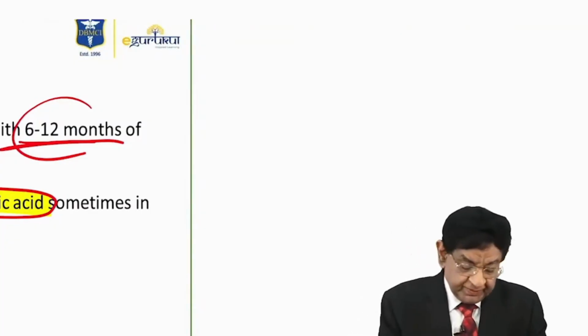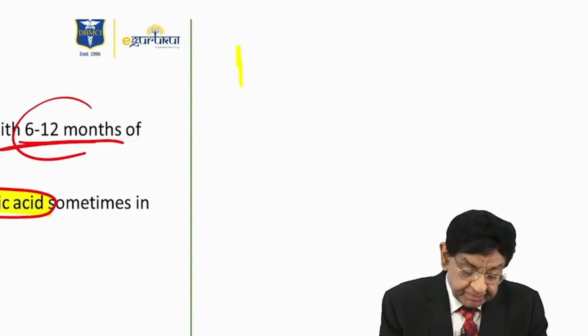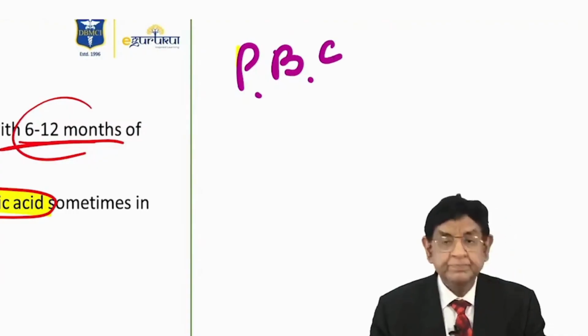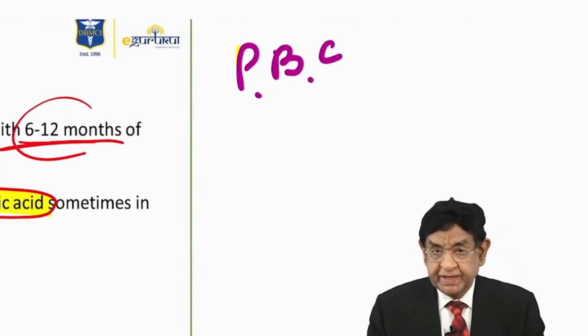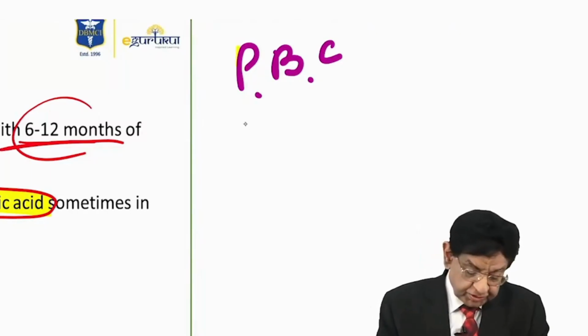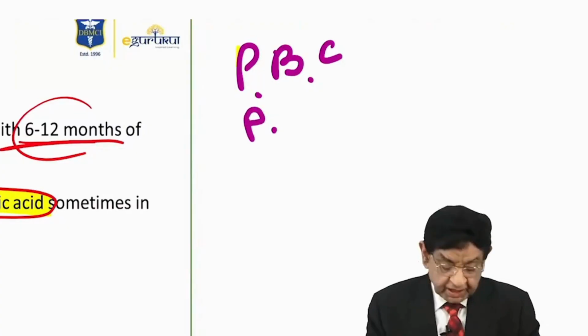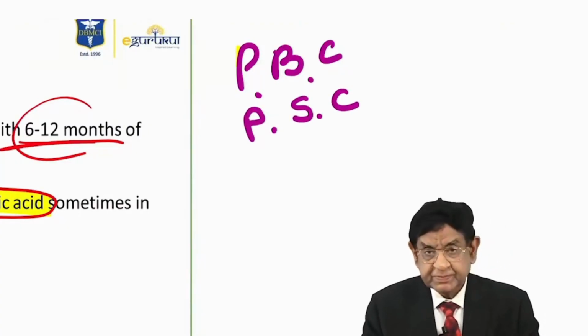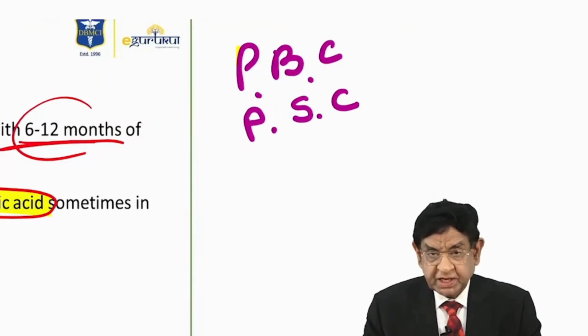Well, we have used it in primary biliary cirrhosis. PBC is primary biliary cirrhosis. We also use it in primary sclerosing cholangitis.